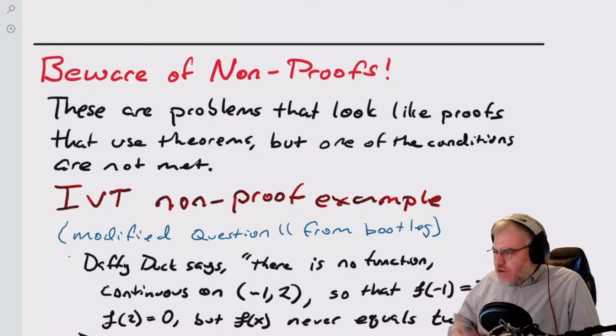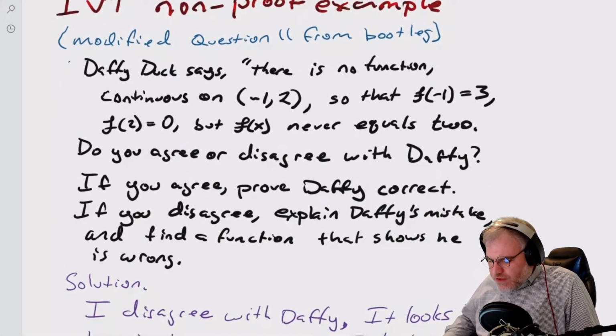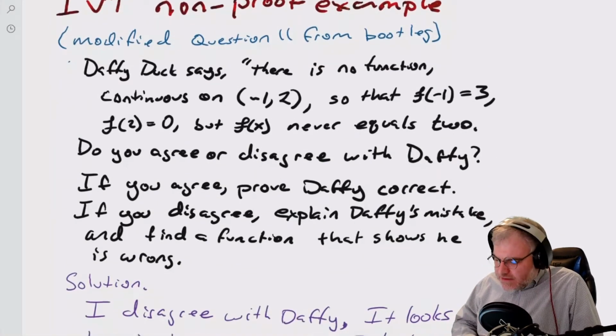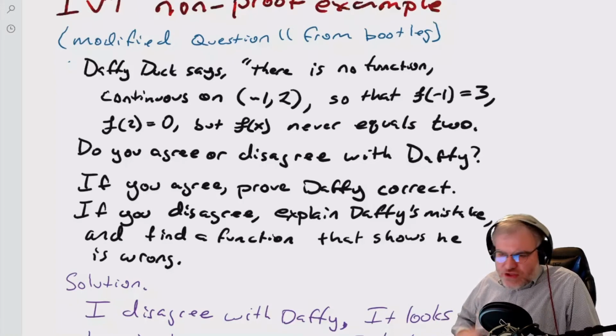So let's say I took question 11 on the bootleg and modified it as follows. Now, this is not question 11 from the bootleg; this is a modified version. I made the modification so that you don't meet one of the conditions.